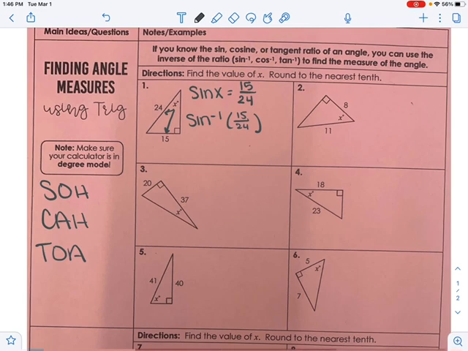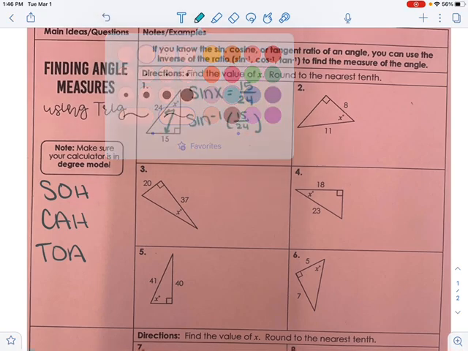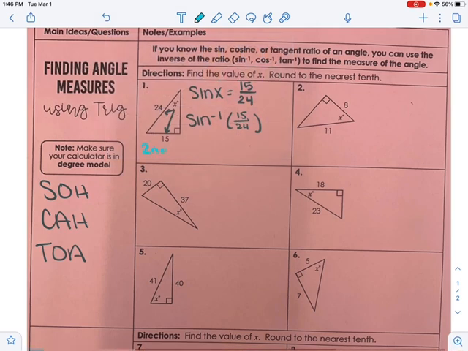So the way this will look on the calculator for you guys is you're going to have that blue second button. Then you are going to hit, in this case, you're still going to hit the sine button, but now it should pop up the sine inverse. And then for this question, you're going to type the number 15, the division symbol, because that's what fractions mean, the number 24, and close the parenthesis.